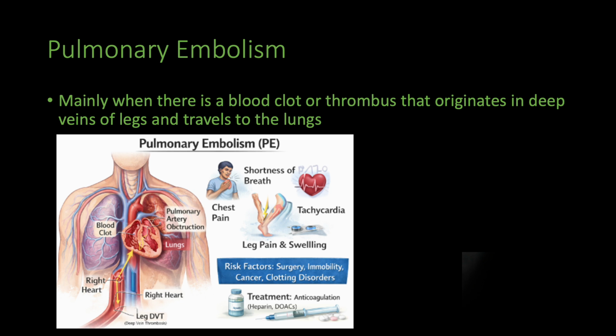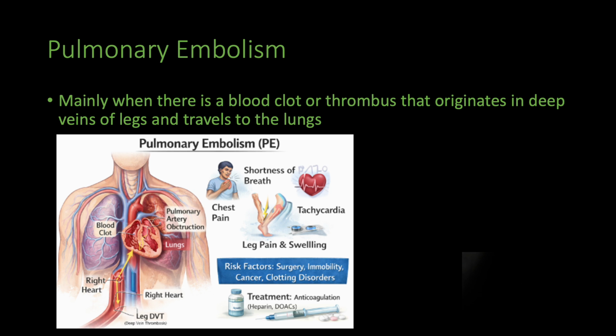You might have two different clots occurring at the same time or at different times. But it's important to treat it earlier, before it reaches the stage where the patient experiences shortness of breath and chest pain and all of those other complications and comorbidities.